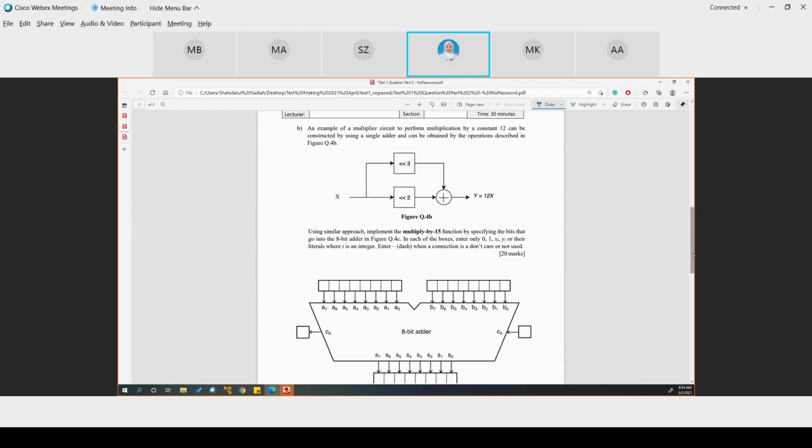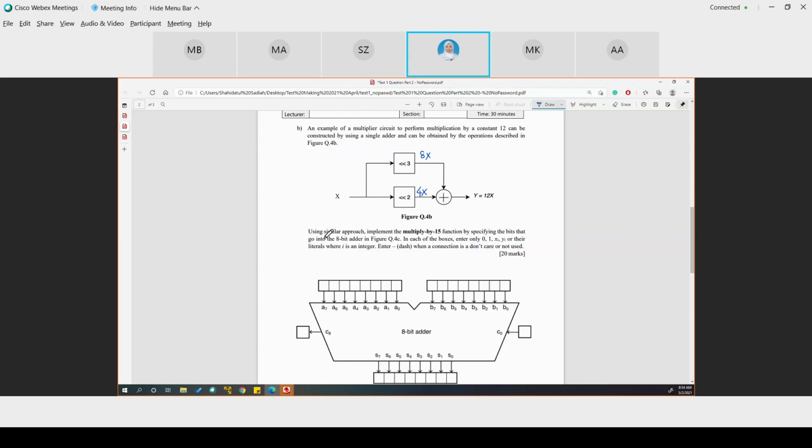The question that we discussed right away. An example of a multiplier circuit to perform multiplication by a constant 12 can be constructed by using a single adder, and can be obtained by the operation described in this figure. Here, when we shift x to the left by 3, we get 8x, and here we get 4x. When we add the two, we get 12x.